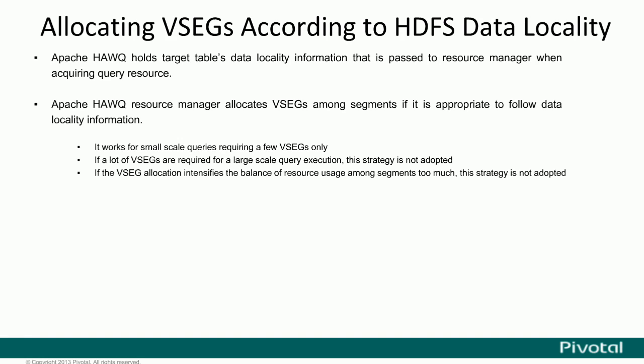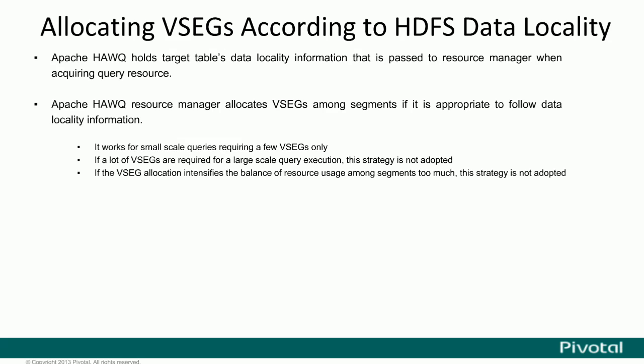So I build my query plan, I need to access a particular row in a particular table. It'll get the block information for that, and then the VSEG to actually go and read that will be started up on the node that has access to that block. So that could be multiple nodes based on HDFS replication, but we do try to maintain data locality that way.